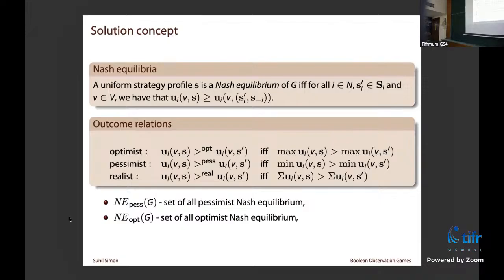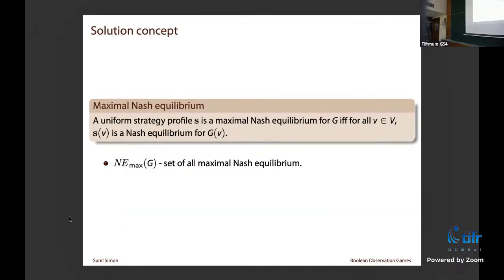There's one more notion of Nash equilibrium which is interesting, the maximal equilibria. This is a very strong notion. It says that it's a profile where even if you tell me the valuation, I have no profitable deviation. So it's a profile S such that no matter what the valuation is, in the game where you fix that valuation, S is still a Nash equilibrium.